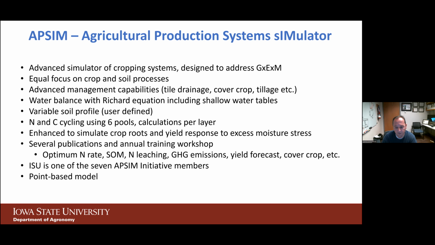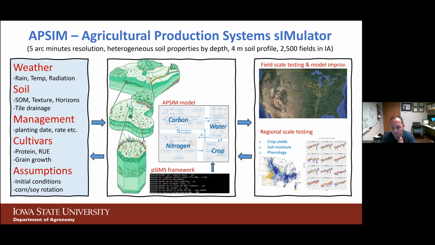And something important, APSIM was designed to be a point based model, a field model. To make the model regional, what we do is to run it in parallel, several times. And we do that by using an additional software, which is called PSIMS, Parallel System for Integrating Systems. And we feed the model with lots of different input variables.